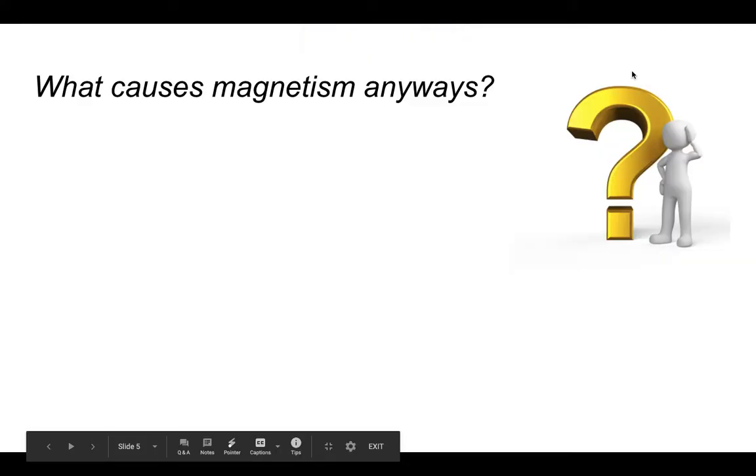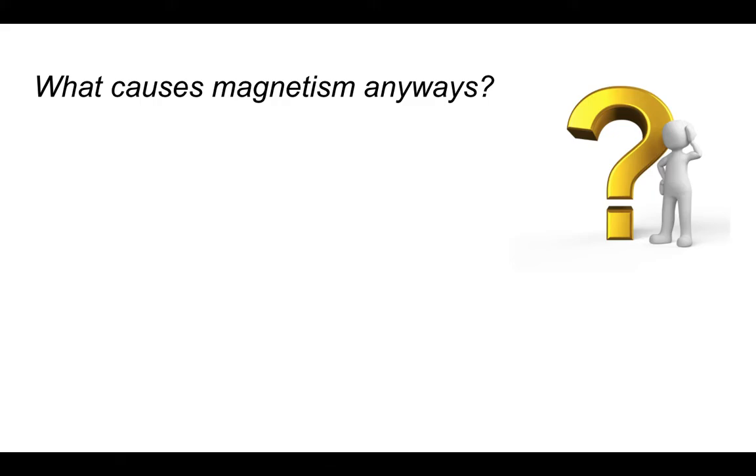Well, you might be wondering, what causes magnets to happen in the first place? It's an excellent question, and it can be a little tricky to understand, but we'll try to keep it simple and not get too crazy. In a word, what causes magnetism is moving electrons.